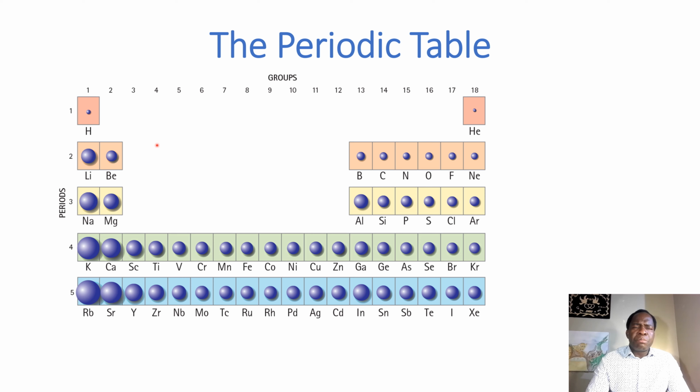Now when we go down the rows from period 1 to period 5, as on this slide, the volume of the atom increases. In the same period, the volume decreases from the first element on the far left to the far right.